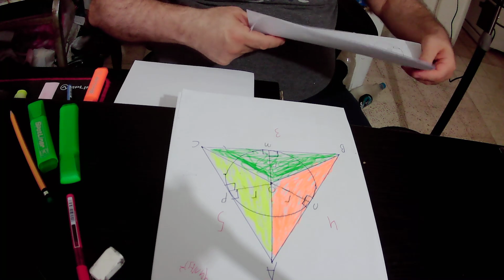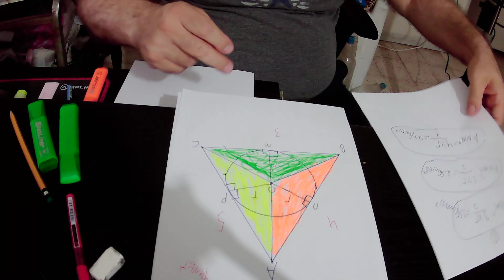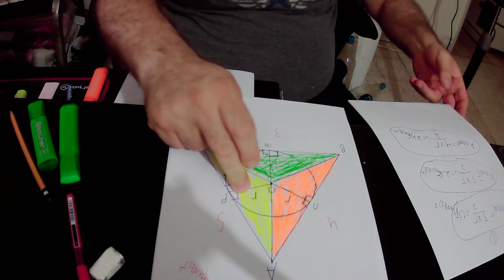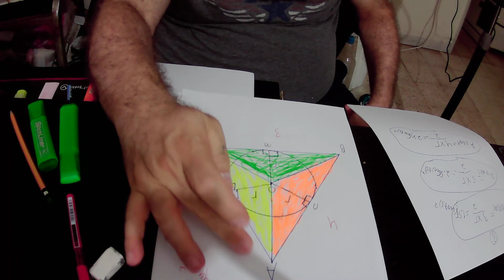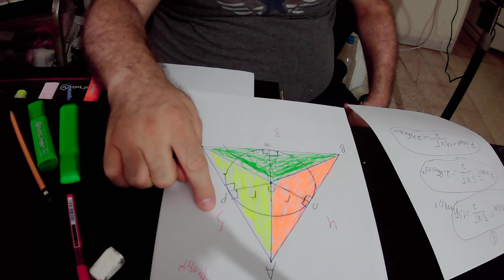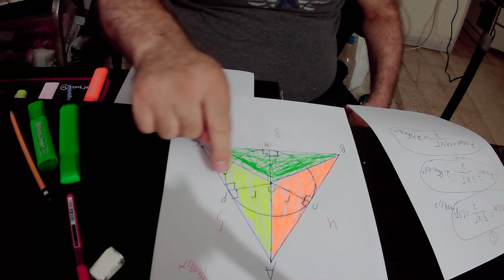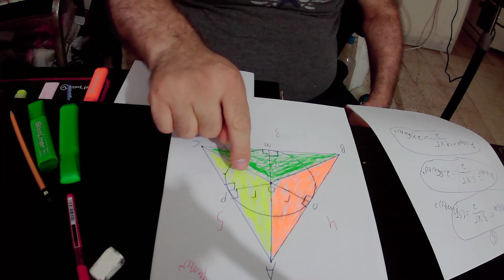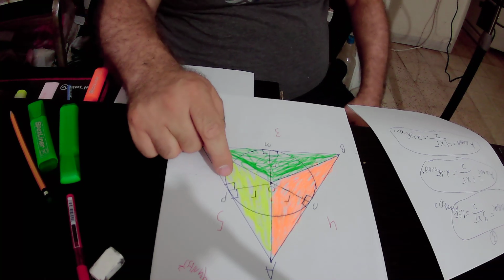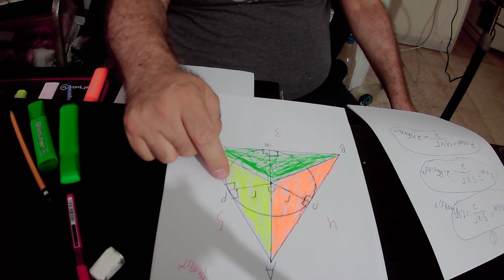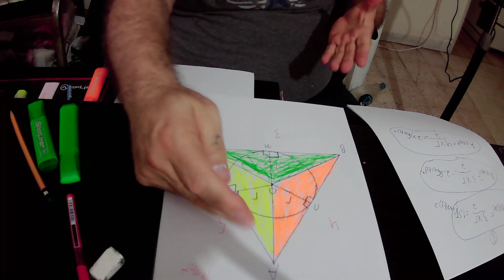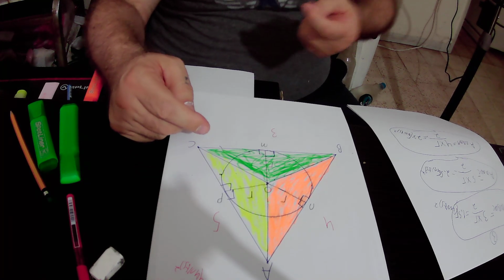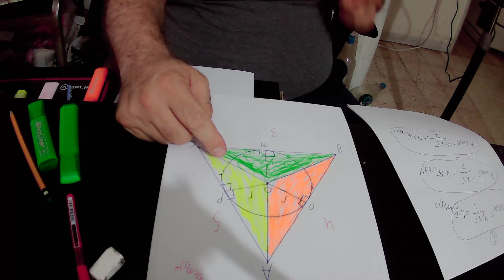And in the same way we calculate the area of the yellow triangle. The area of the yellow triangle equals the base of the triangle, which is given to us as 5 units, times the height to the base. The height always creates 90 degrees with the base, and the radius creates 90 degrees with the base AC. For that reason the radius is the height of the yellow triangle.